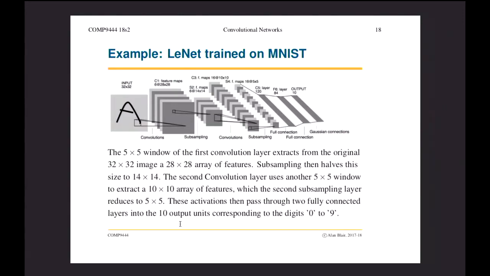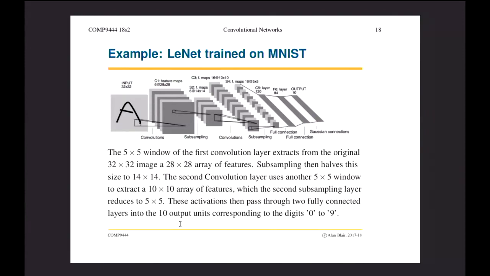And so the size of these arrays is shrinking, which means that a node here only depends on this part of the image, right? It's very local information, but the information becomes gradually more global as we move through the layers in the network.